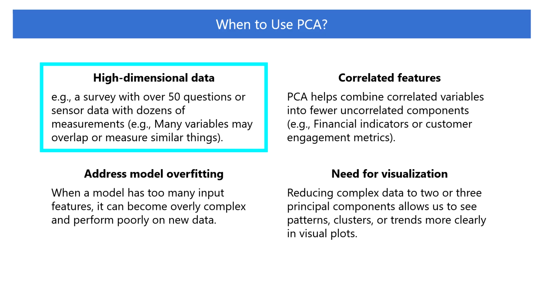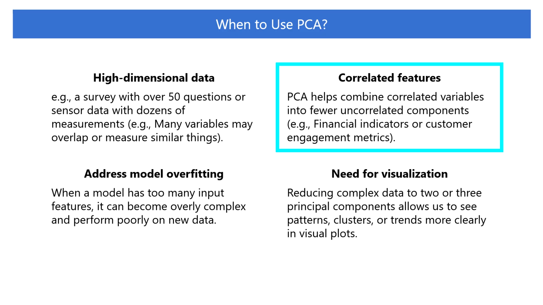For example, a survey with over 50 questions or sensor data with dozens of measurements. In such cases, many variables may overlap or measure similar things. PCA helps simplify the dataset by reducing the number of dimensions.